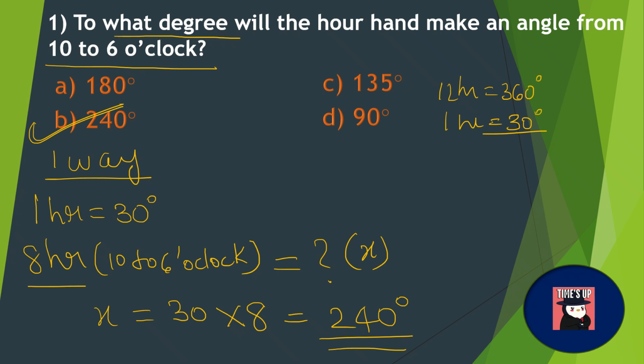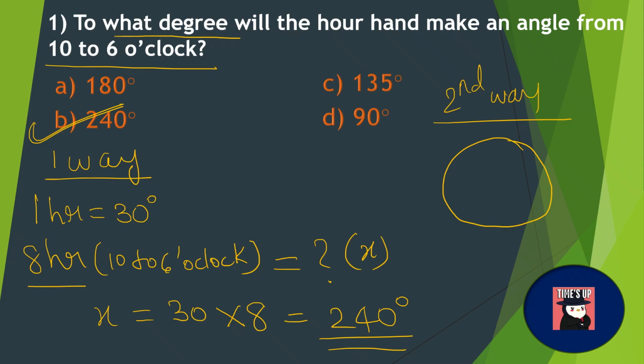Okay. Now the other way to solve it is, I'll just wipe it off. This is the second way to solve this question. This is the clock, correct? 1, 2, 3, 4, 5, 6, 7, 8, 9, 10, 11. Here is 12, here is 1.